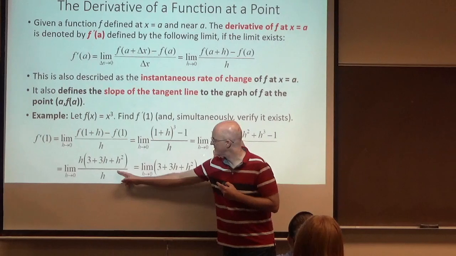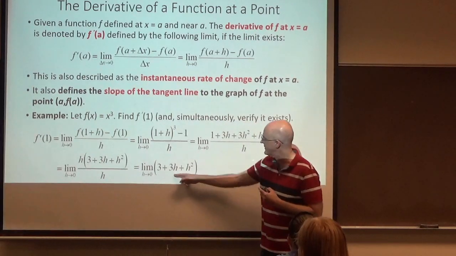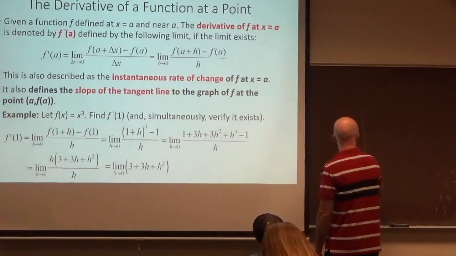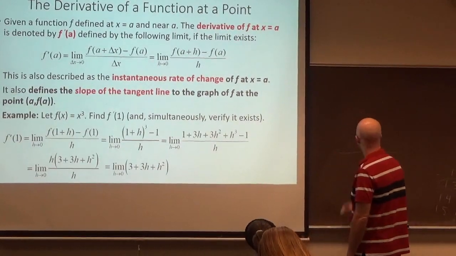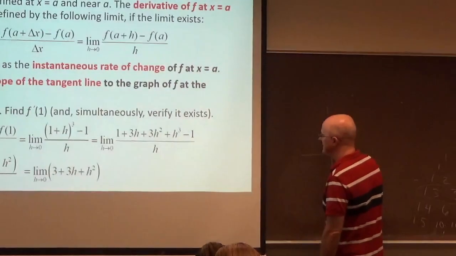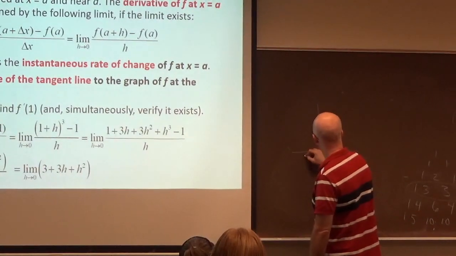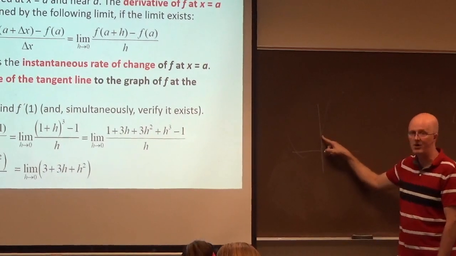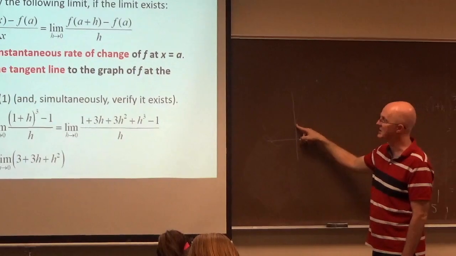The graph of this rational function of h is exactly the same as this function of h, except at h equals 0. That function is a quadratic. I can tell just by looking at it that its graph is a parabola, probably doing something like this. But the original function has a hole, a point missing, at h equals 0.